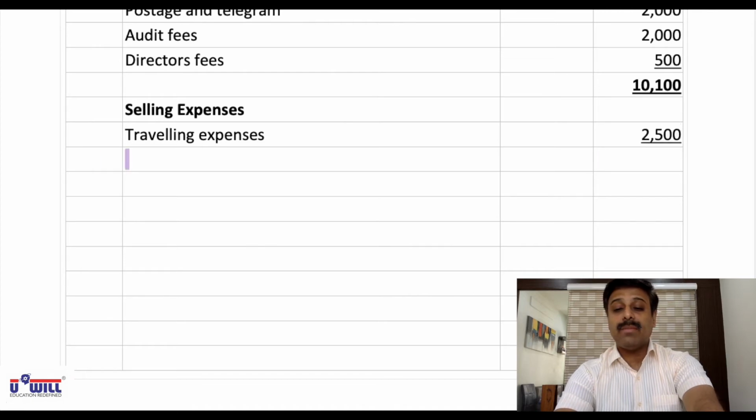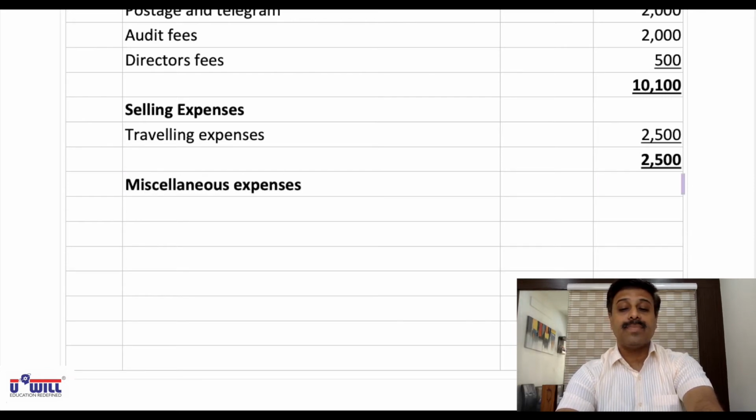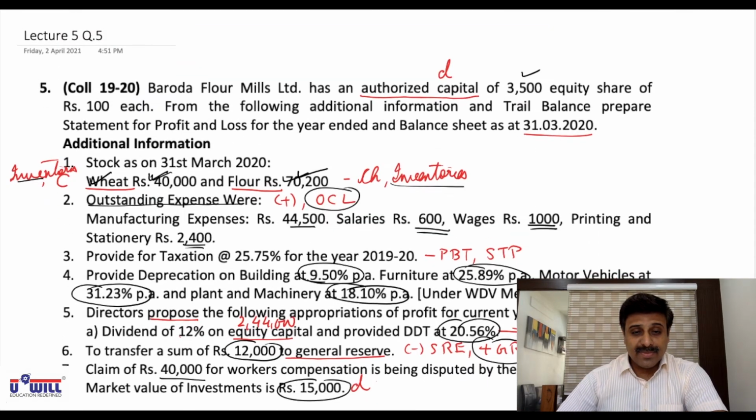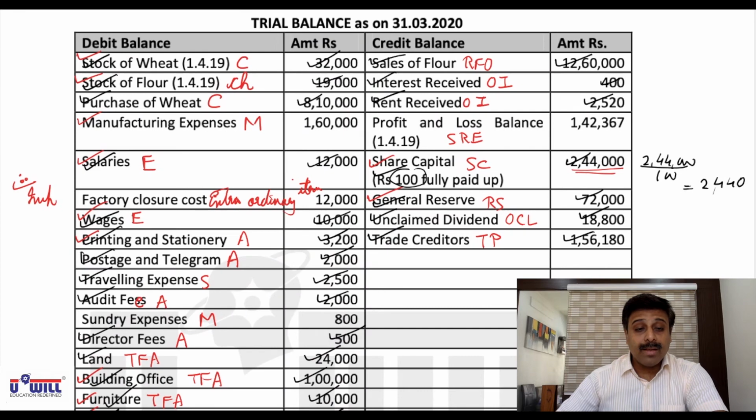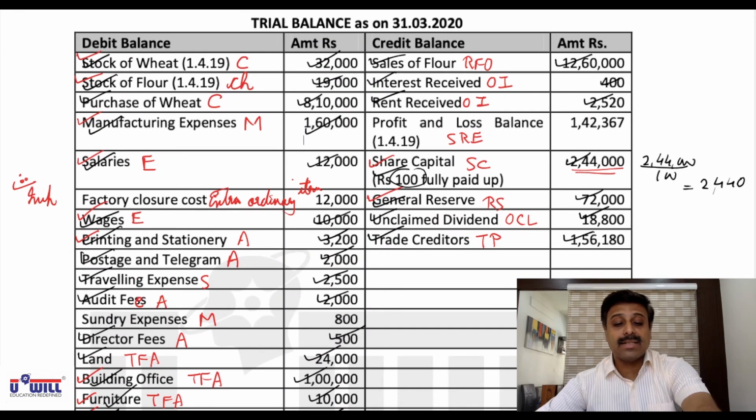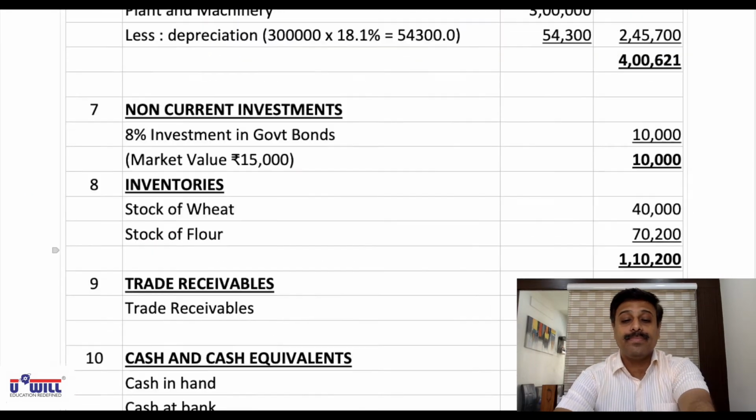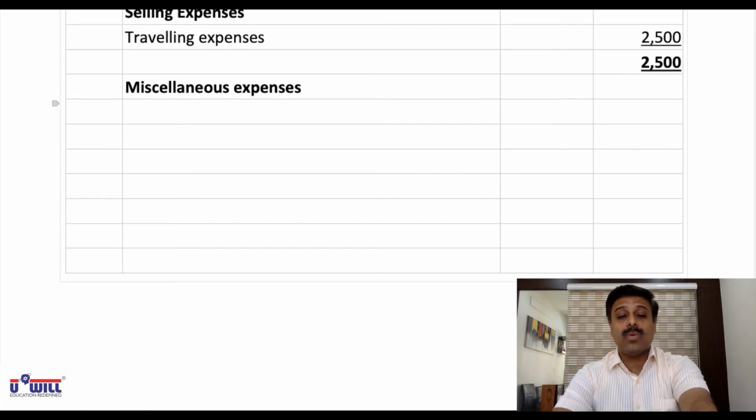That itself will become the total of selling expenses. Then we have miscellaneous expenses, M marked items. In that we have manufacturing expenses 1,60,000 in inner column.